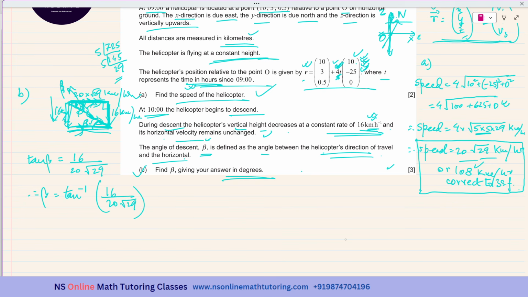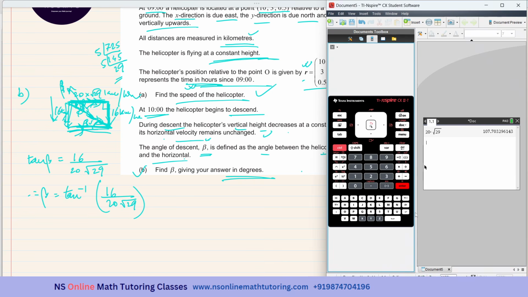Now we go to the calculator. Because we have to give the beta value in degrees, we change it to degrees. Then it is tan inverse of 16 as the numerator divided by 20 times square root of 29.